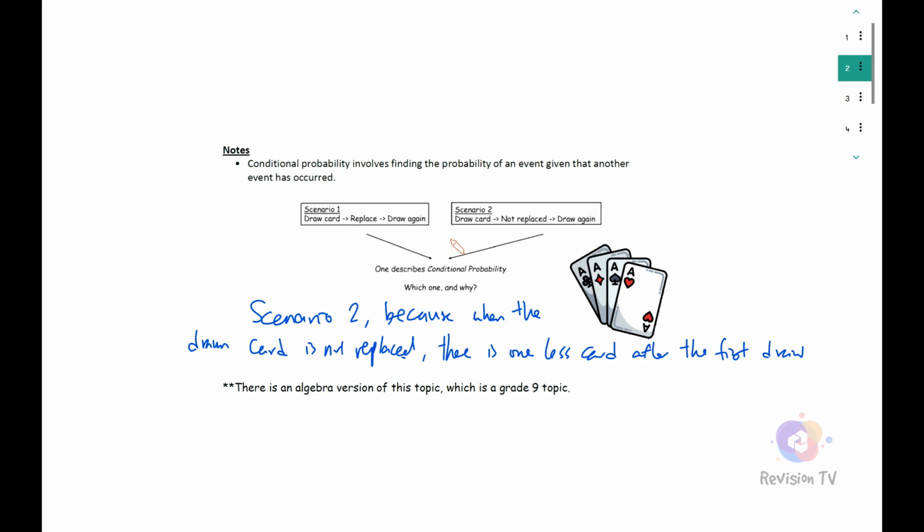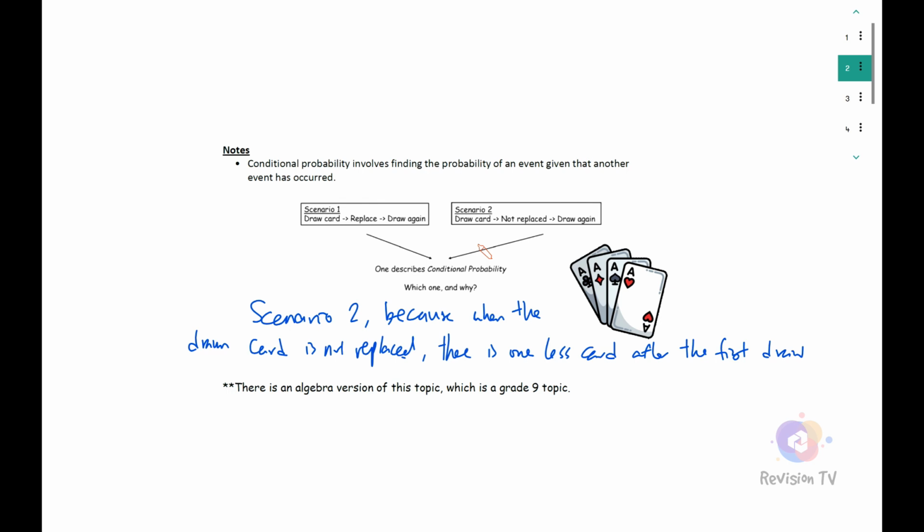In the beginning, there are 52 cards in a pack of cards. If you do not replace it, the second time it'll be out of 51, because there's 1 card less. So that's conditional, because what happens before actually affects what happens after.